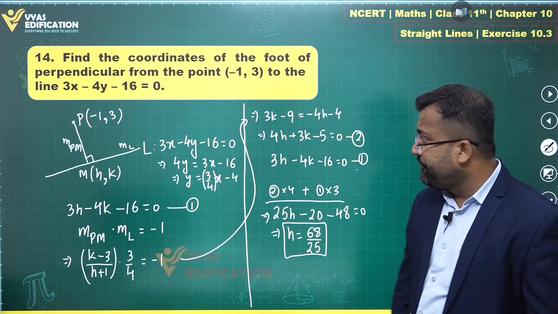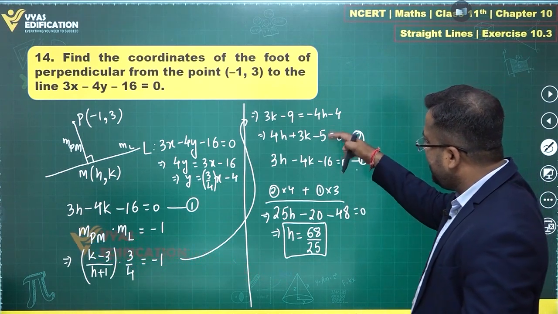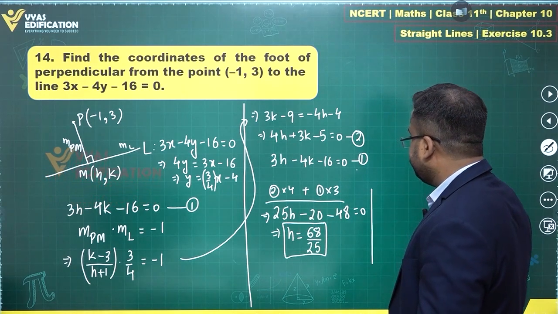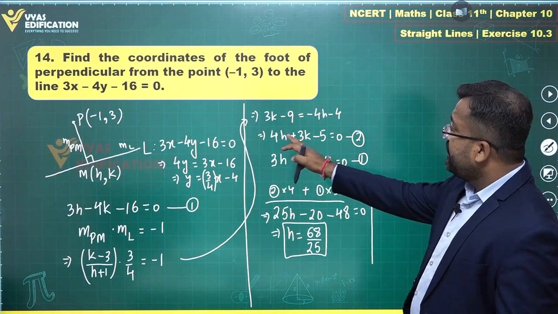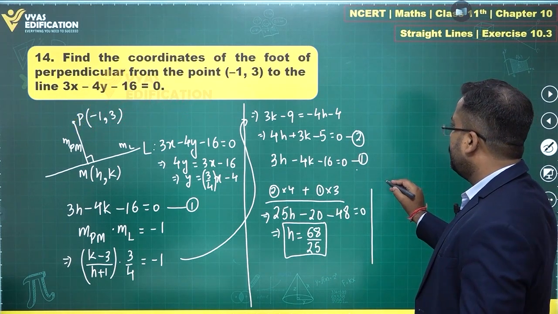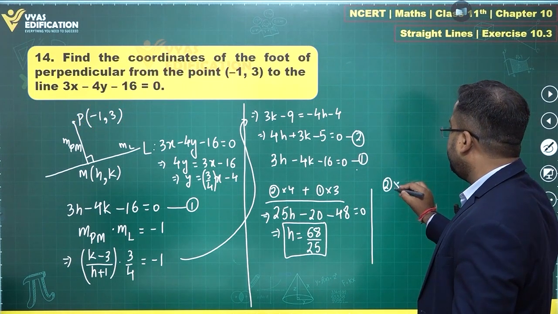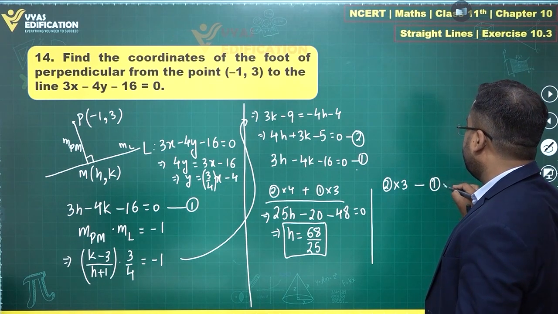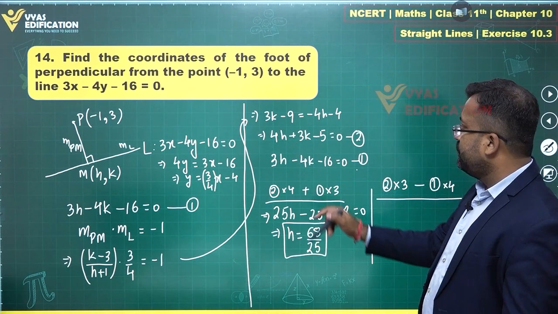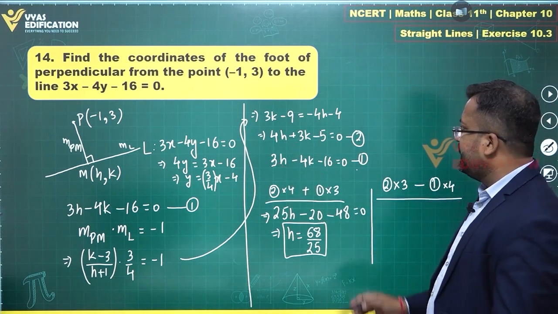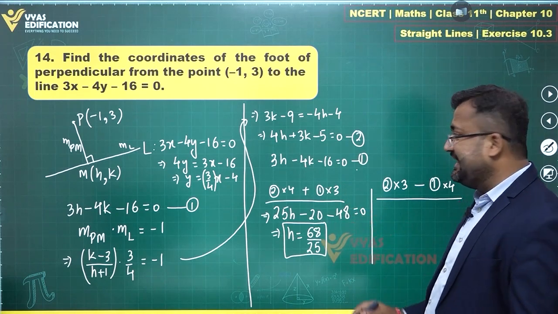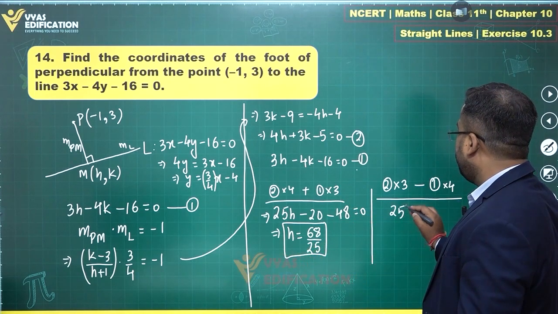What's the value of k? k can also be found using any of these equations, or for that matter we can use a similar idea here. That is, we can multiply this by 3, we can multiply this by 4 and subtract. So multiply equation 2 by 3 and subtract equation 1 multiplied by 4 from it. This times 3 is 12h and this times 4 is also 12h. They will get subtracted. This times 3 is 9 plus 16 will be 25k.